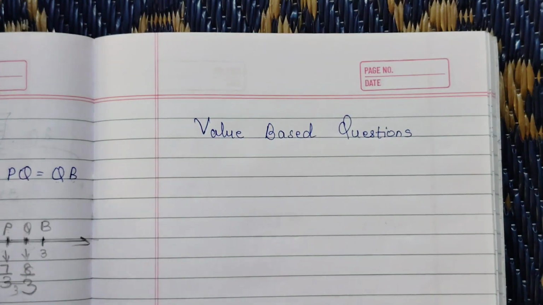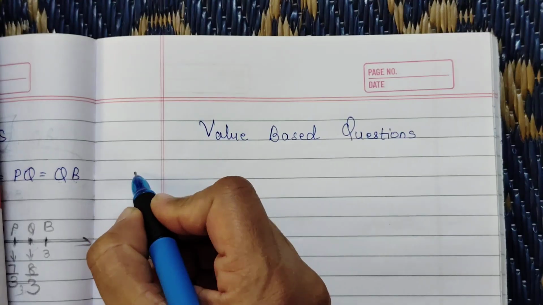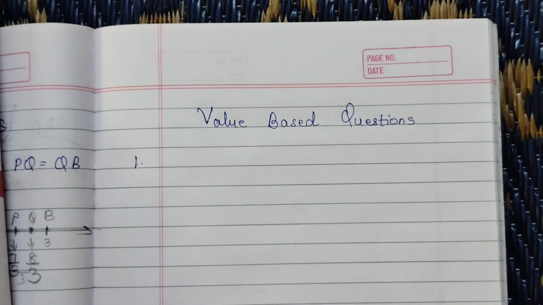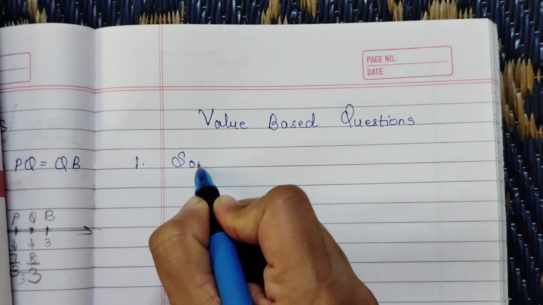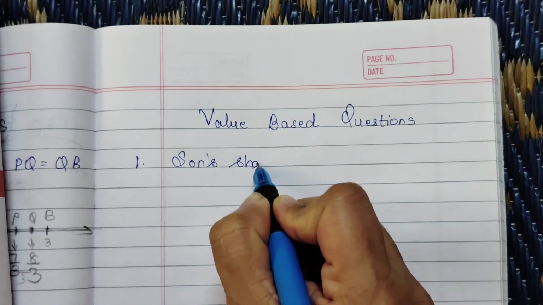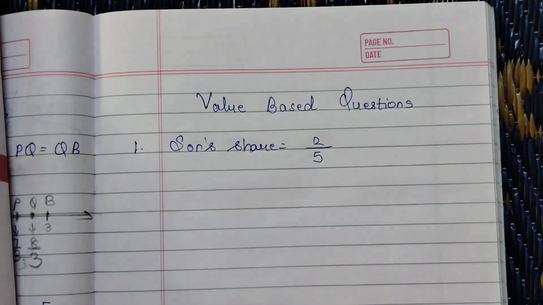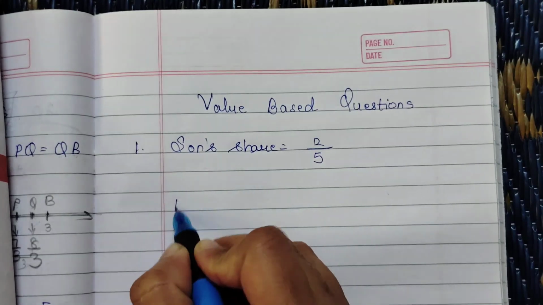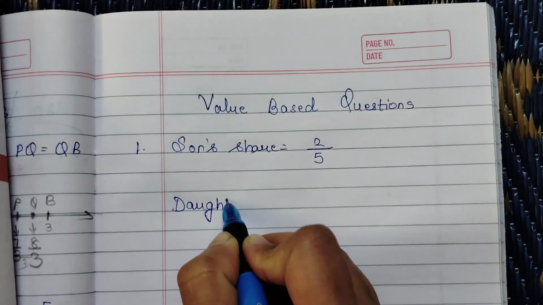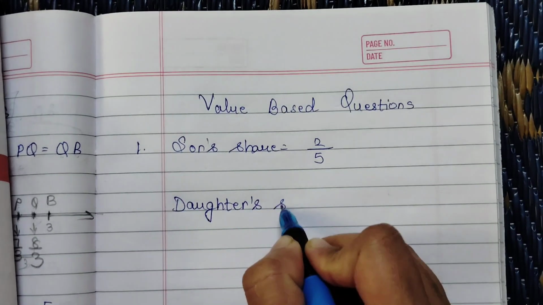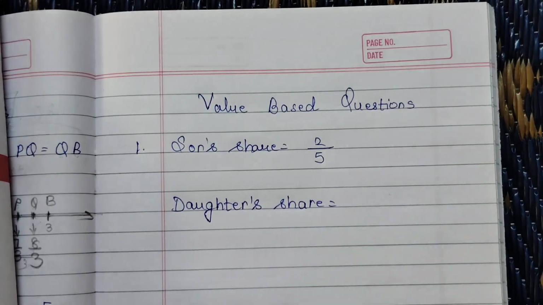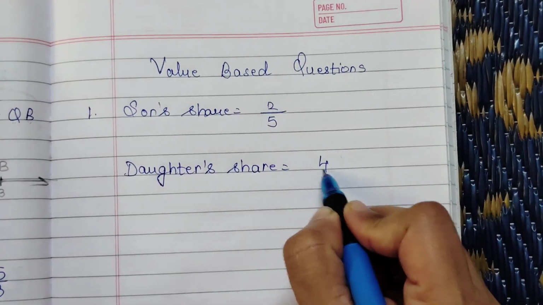So first we have to find whose share was more, son's or daughter's. According to the question, the son's share was 2 upon 5, and the daughter's share was 4 upon 10.